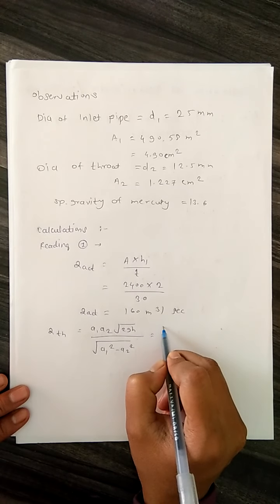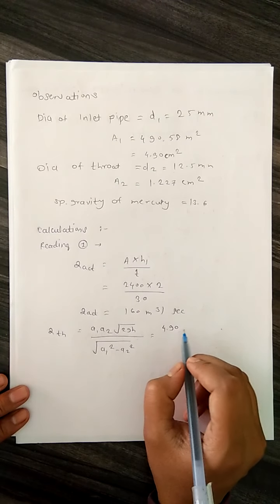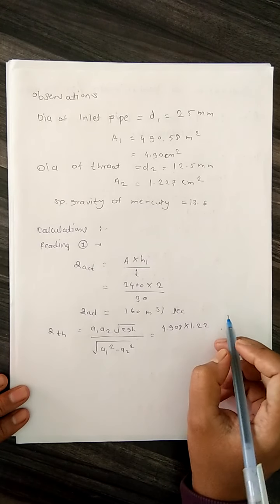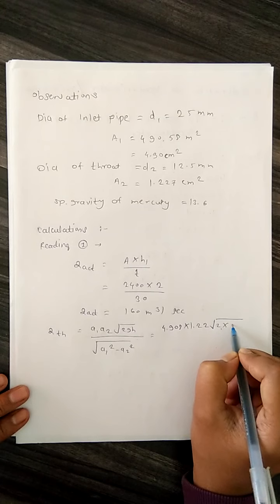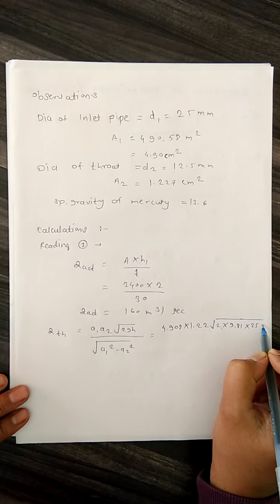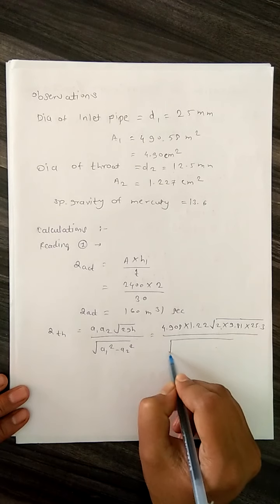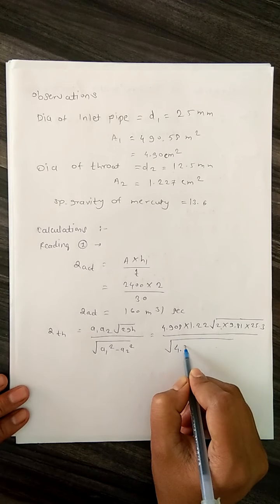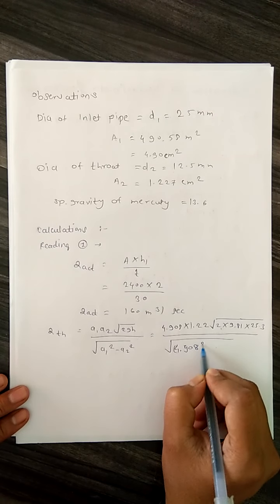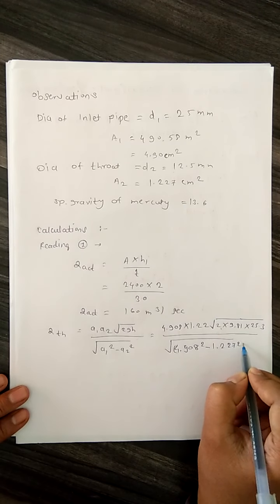After putting the values, that is 4.90 for A1 which we calculated previously, into 1.22 centimeter square, into under root 2 into 9.81, that is G, H is 25.3, divided by under root 4.908 square minus 1.227 square.